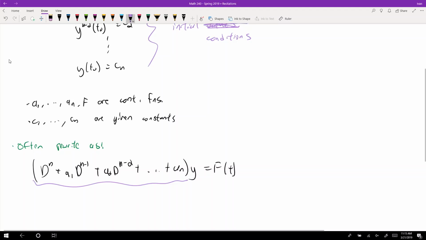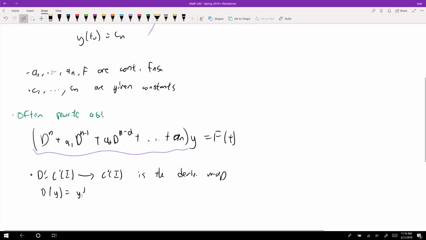Instead of writing the derivative, we use the notation of the derivative map. The derivative map is D from C^1 to C^0, so continuous functions that are one-time differentiable become one-time less differentiable. That's what D does: D of y is equal to y prime, so D to the n of y is going to be the nth derivative of y.